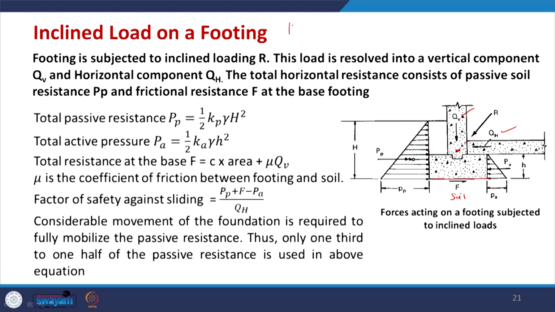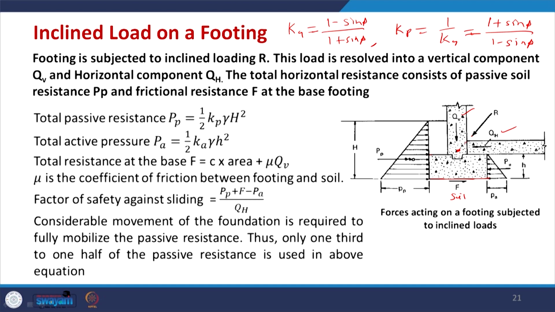They can be linked with the angle of internal friction phi of the soil: 1 minus sin phi, 1 plus sin phi. This way you can find them. Once Ka is known, Kp can be calculated as 1 over Ka, which can also be directly calculated as 1 plus sin phi divided by 1 minus sin phi.